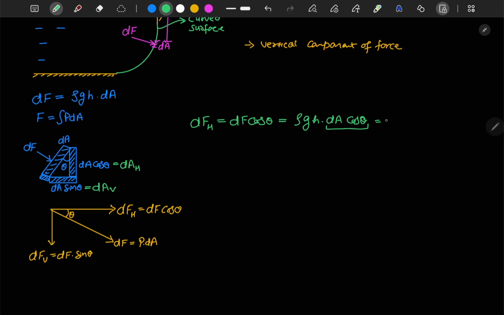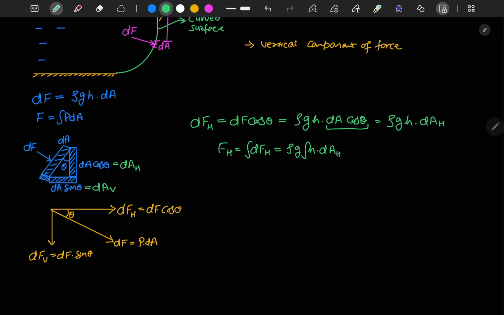So we can write it as rho g h times dAh. If I want to calculate the horizontal force, I will directly integrate this term, and we will obtain rho g times the integration of h dAh.